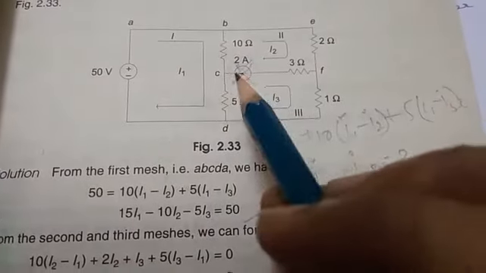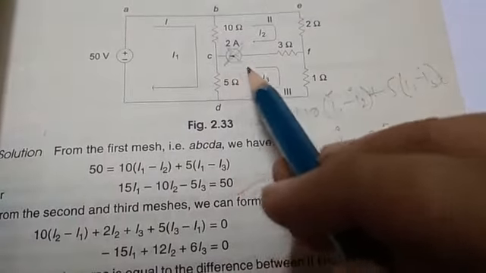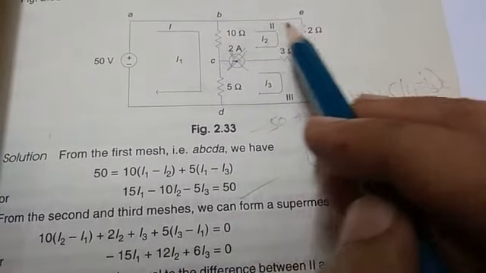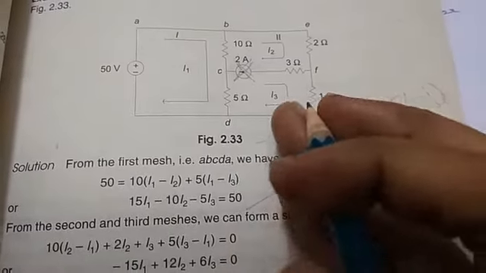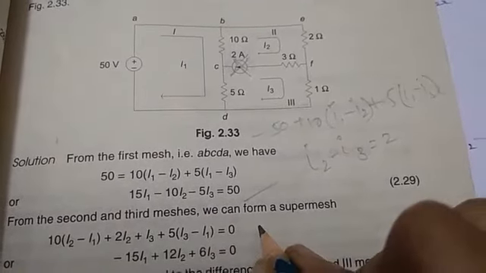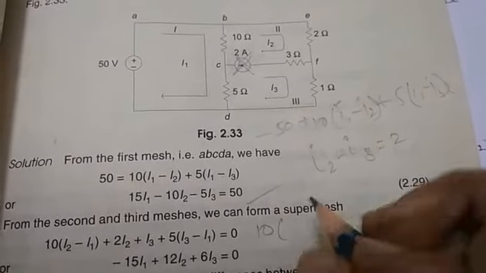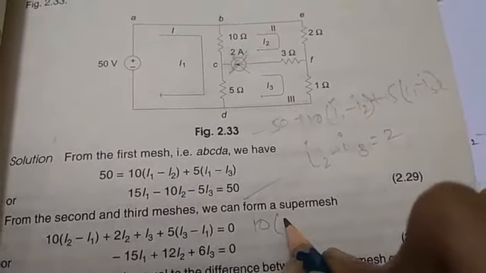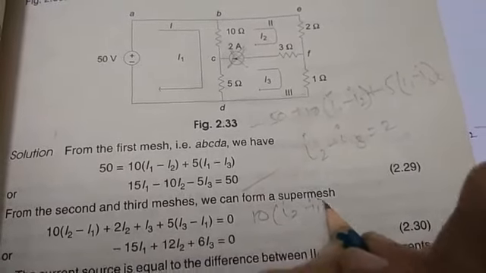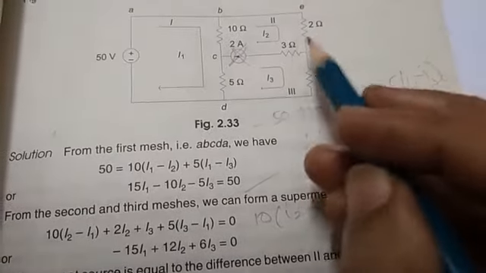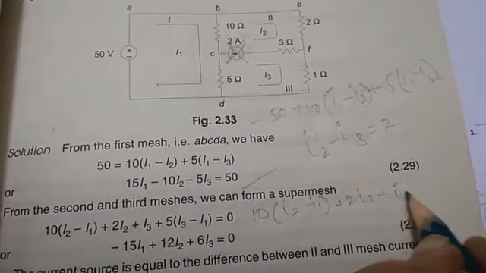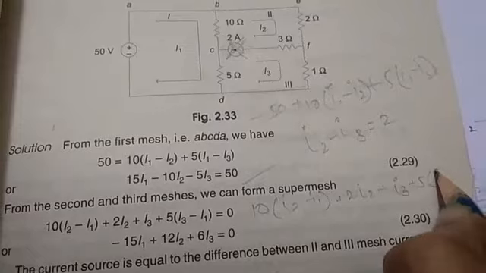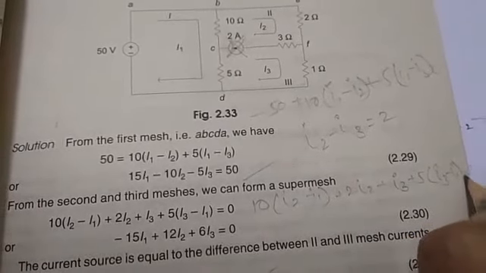By leaving this 2 amperes, I will write the total mesh equation, whatever the super mesh equation is there. So in the 10 ohms resistor, I2 minus I1, and 2 amperes, I2 current. Because of opening this, no current will flow, so directly I3 plus 5 into I3 minus I1.